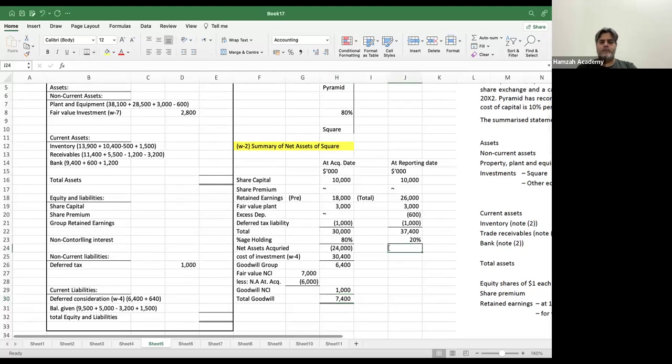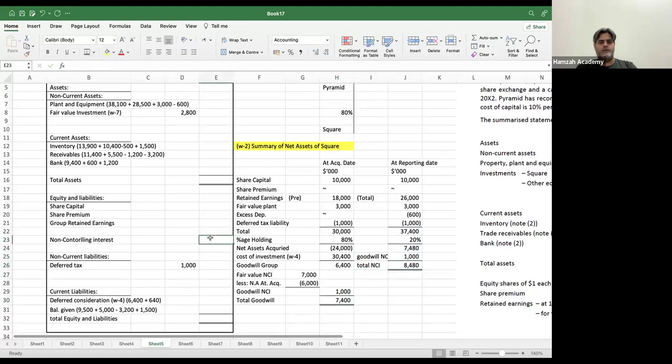Then this into this. Goodwill NCI, total NCI, 8480. This is working to 7,400.